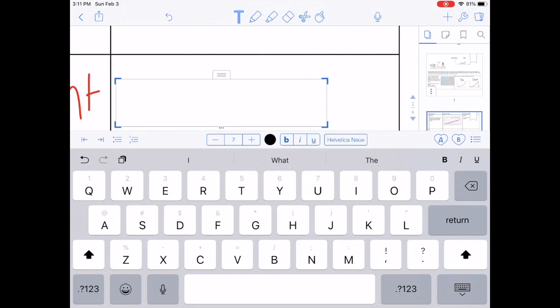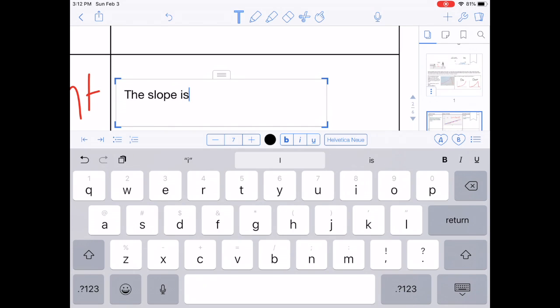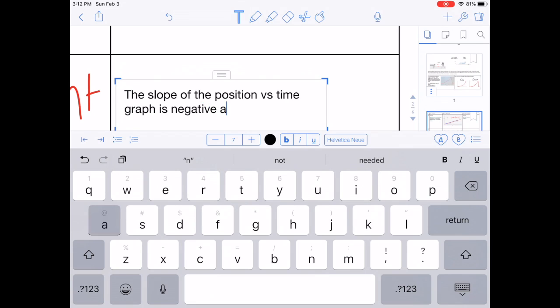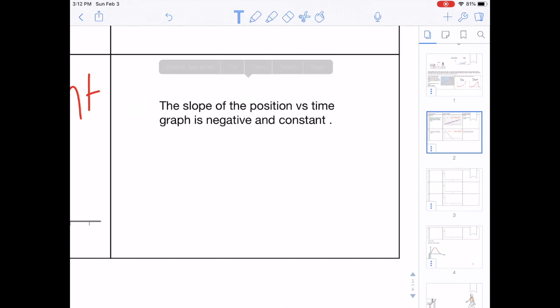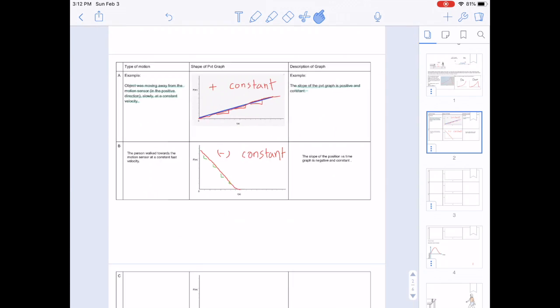The slope, you can be really precise, of the position versus time graph is negative and constant. So we're just seeing what the slope does anytime we change the motion.